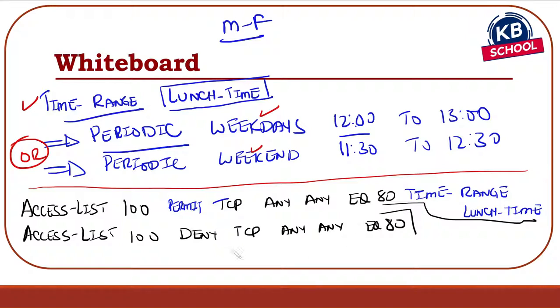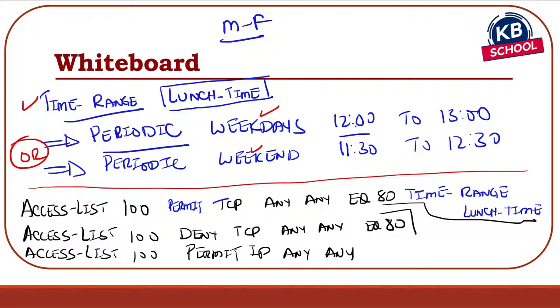The second line does not have it. TCP any EQ 80 blocks it. So if it's not this time, it's going to be blocked. But don't forget, you need to permit the rest of the traffic. So in this ACL, I would have a third line, which would permit the rest of the traffic. Block TCP 80 and permit the rest.